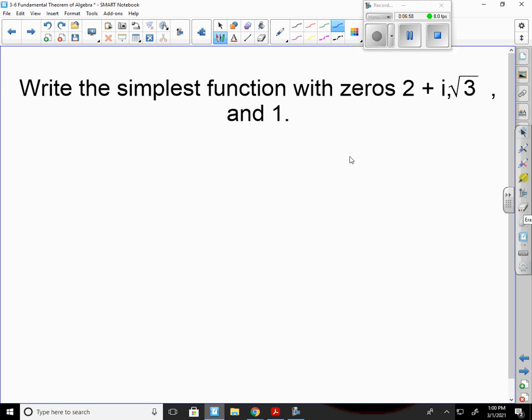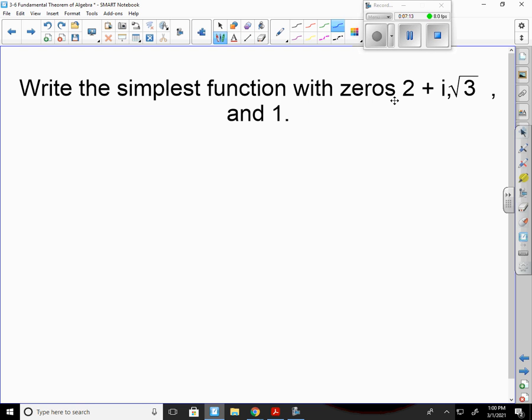Moving on, write the simplest function with zeros at 2 plus i, square root of 3, and 1. So whenever I write this, what I'm actually going to do is write it out.